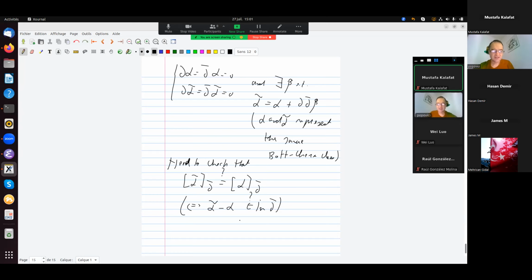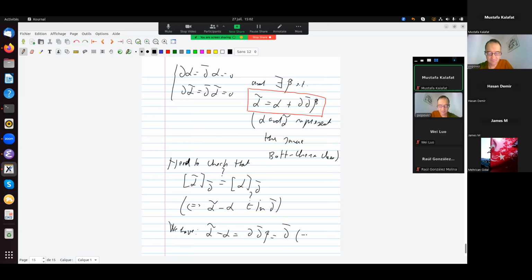But now this is clear because we assumed more actually. We assume that they represent the same Bott-Chern class. That is, we assume this. And from this, we want to deduce that they represent the same Dolbeault class. We have alpha twiddle minus alpha. It is del d bar of beta. But del and d bar anti-commute. That's minus d bar of del beta.